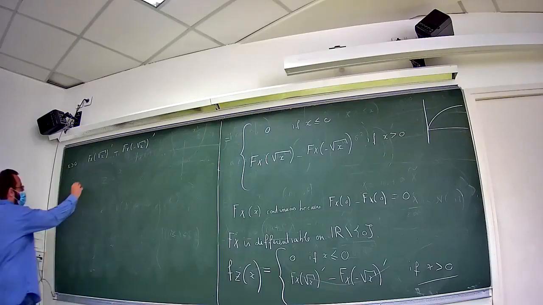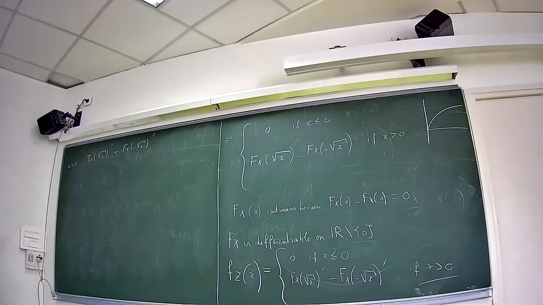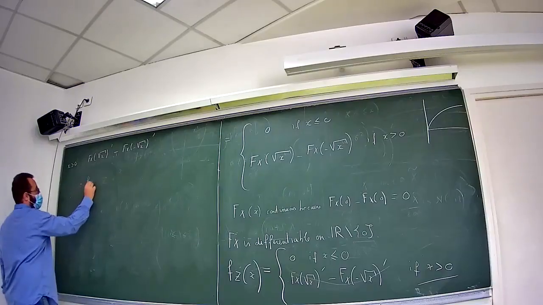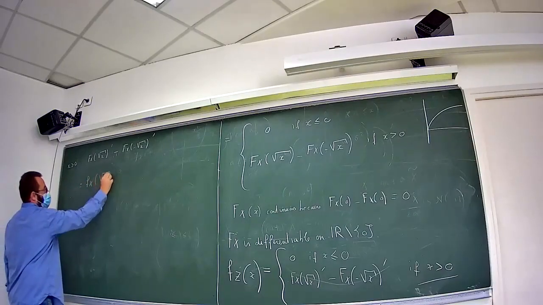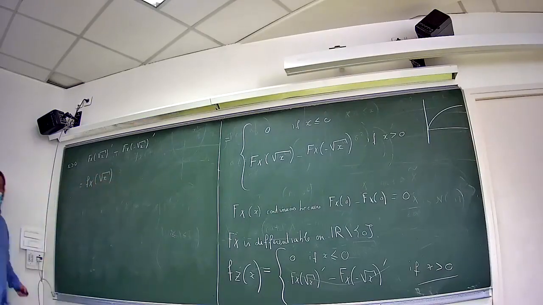So the derivative of the distribution function is the density function. So it is f_X at the square root of x, multiplied by the derivative of the square root. What is the derivative of the square root? 1 over 2 square root of x.